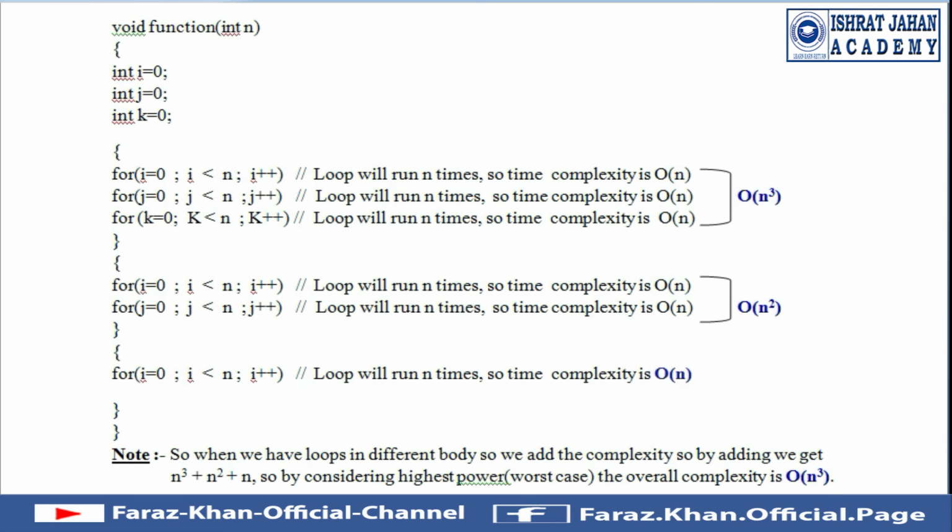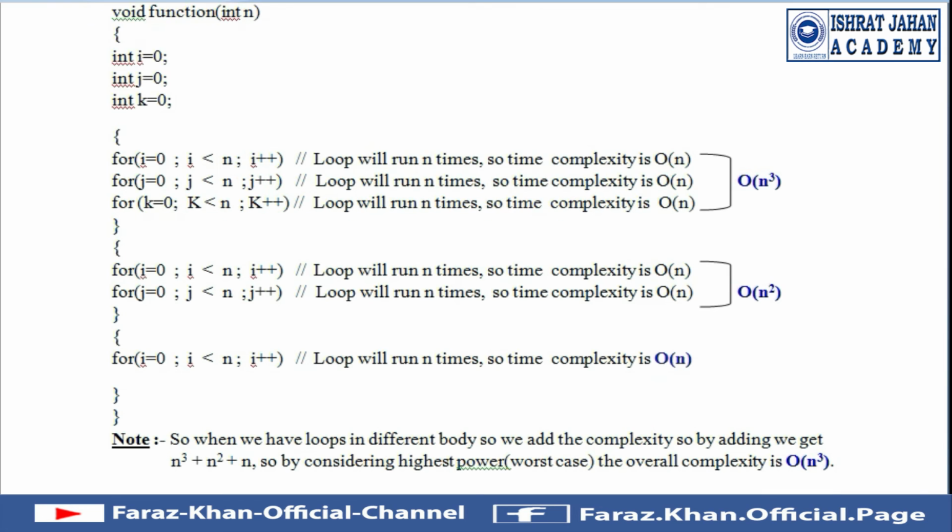And whenever we analyze the complexity of an algorithm, we are always interested in the worst case. That is why we only consider the highest power and ignore the rest. So the overall time complexity of the given code is O(n cube). I hope you have understood. Let's move on.